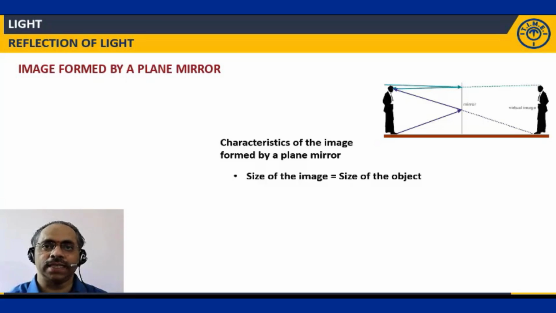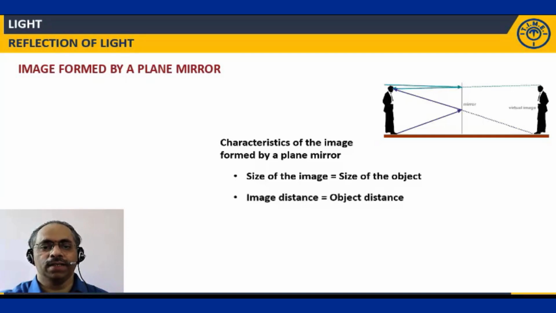So the size of the object is taken as the reference. It is not the size of the image which should be taken as the reference. So when I consider the size of the image, I compare it with the size of the object, and in this case where the image is formed by the plane mirror, the size of the image is equal to the size of the object.